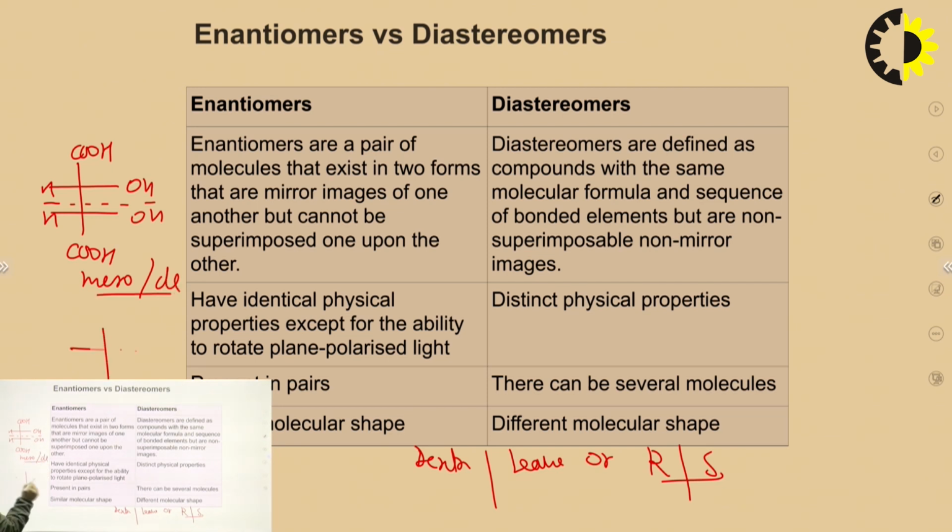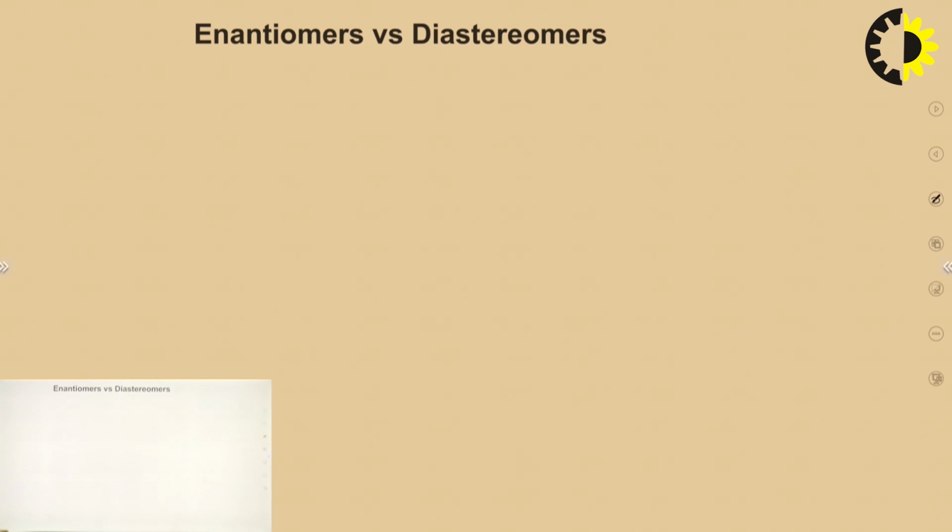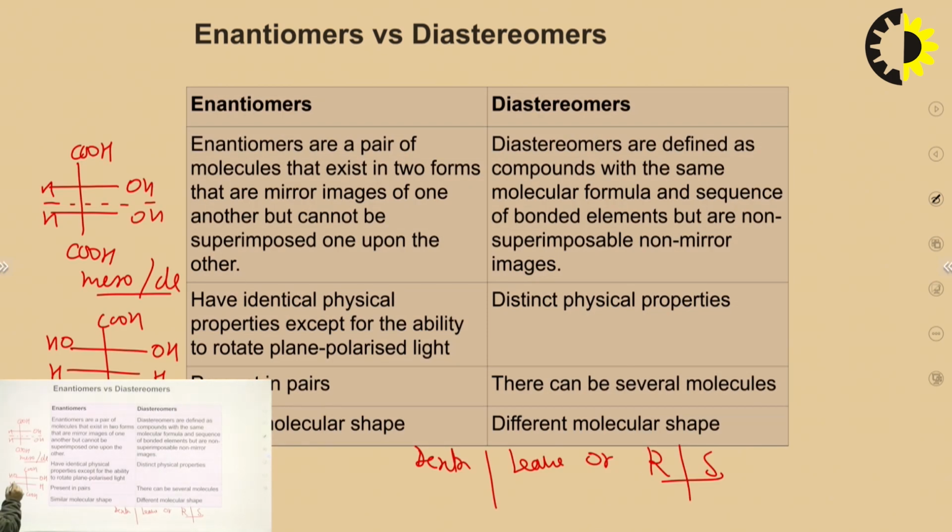Now, if we write the structure like this, COOH, COOH, one is H, one is OH and H. In this case, if it is D, then definitely its mirror image is OH, H, H, OH and COOH.